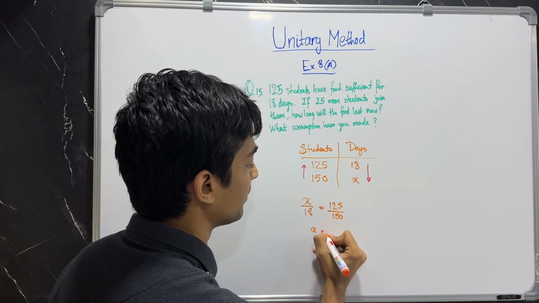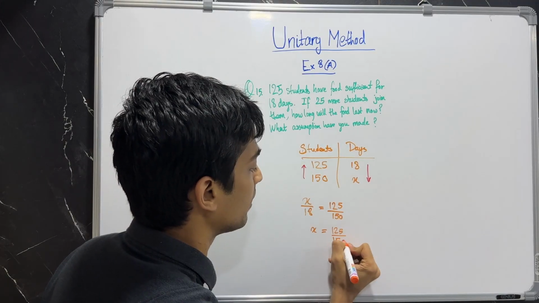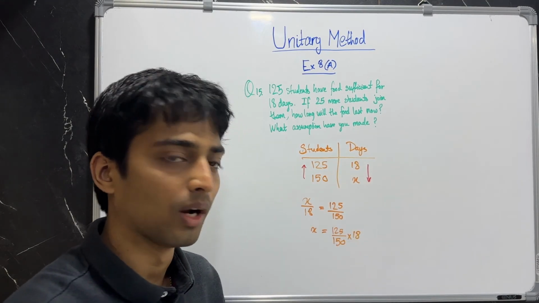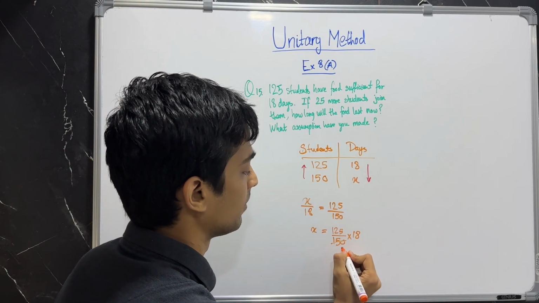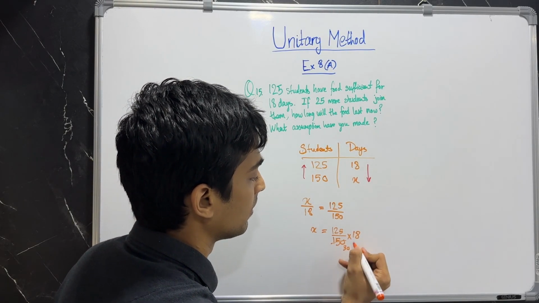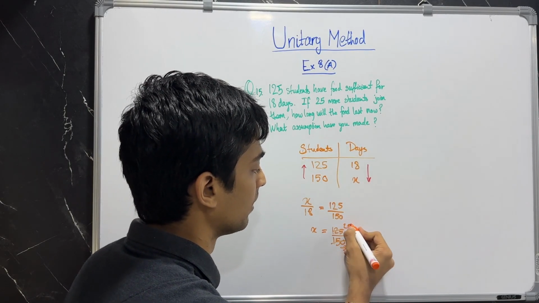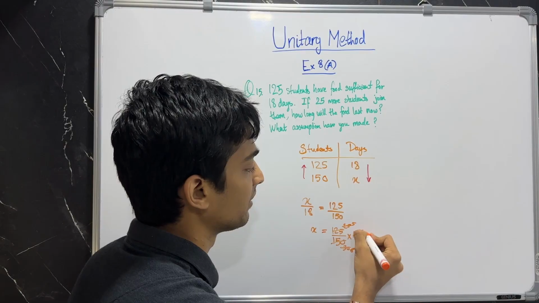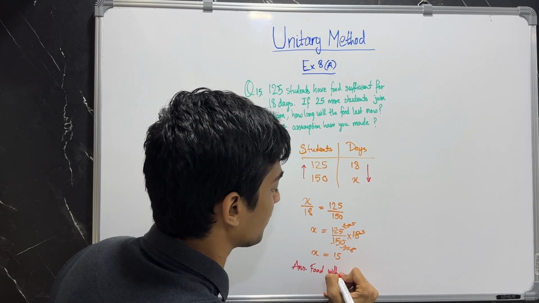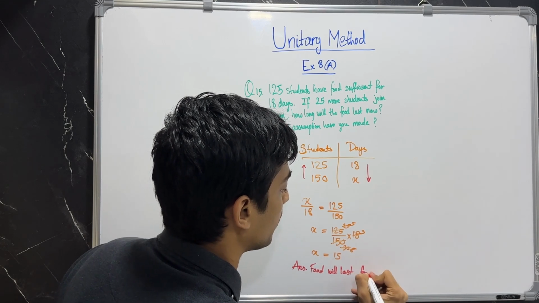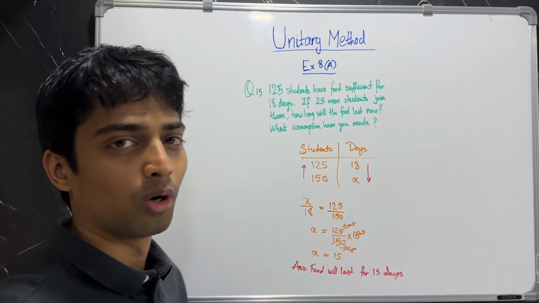So we get x is equal to 125, and we take 18 over here, upon 150 multiplied by 18. Now we can cancel this by 5. 5 sixes are 30, 5 fives are 25. Again, you can cancel by 5, 6 threes are 18. So x is equal to 15. Food will last for 15 days.